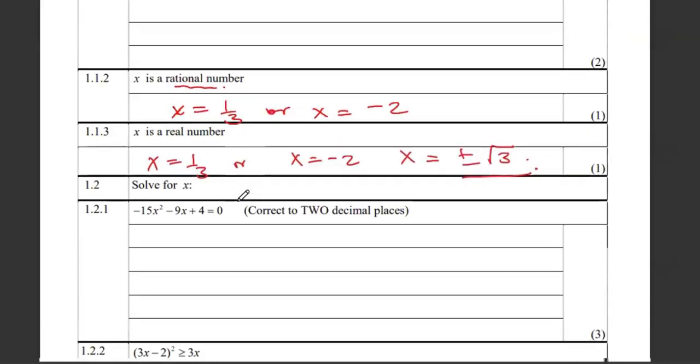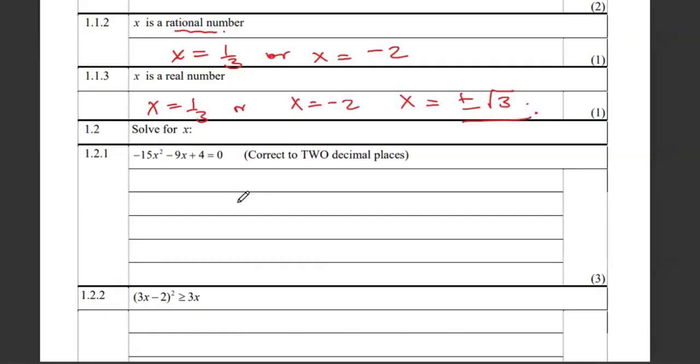Then 1.2, I solve for x. We have negative 15x squared minus 9x plus 4 equal to 0, correct to two decimal places. Remember what we say: in a scenario like this, where they give us a condition, automatically they want us to use the quadratic formula, meaning that our a is negative 15, our b is negative 9, and our c is 4. The quadratic formula states that x equals negative b plus or minus the square root of b squared minus 4ac, divided by twice a.